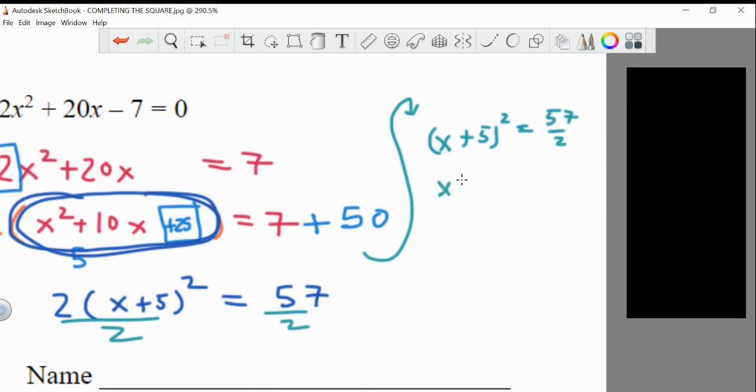Square root both sides. x plus 5 equals plus or minus the square root of 57 divided by 2. And then subtract the 5. x equals negative 5 plus or minus the square root of 57 divided by 2, which again is not a very nice number at all. But we didn't have to do the quadratic formula. I'm not sure if it was worth it.